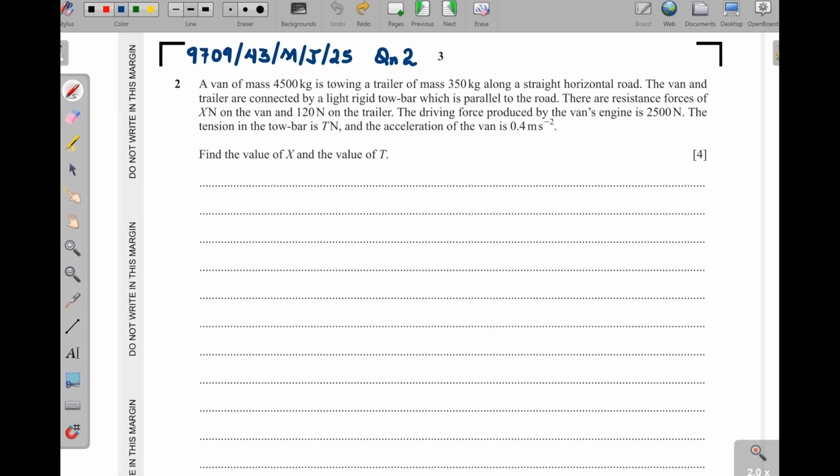Now, I'm going to draw a small sketch here. This one is going to be my trailer. It is being towed by the van. Maybe this is the van.